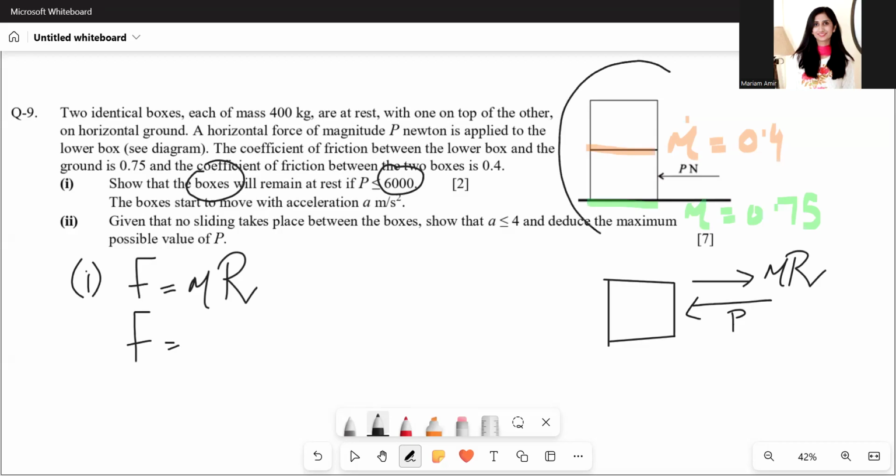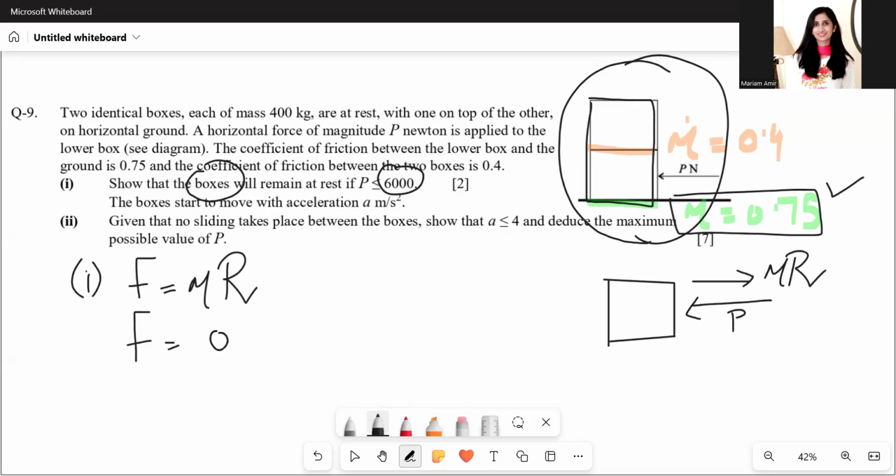So we have to use the entire system. That means we're going to use this mu that both the boxes exert on the ground. And for normal contact force, we're going to use the entire two boxes. So mu would be 0.75 and R is in this direction, which is opposite to the weight of the system. And weight of the system would be 400 plus 400, 800 times 10, 8,000.